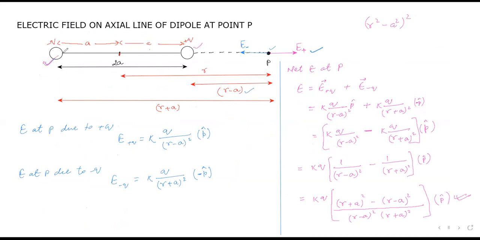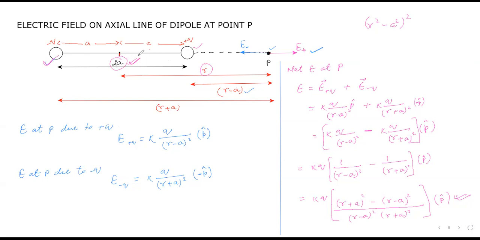If the separation between these two charges is very small, this means 2a will also be very small, am I right or not? 2a is also very small as compared to r, because of which we can neglect the value of a. Do you understand? Yes, sir. Understand.